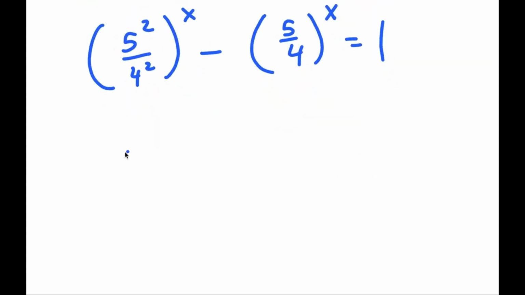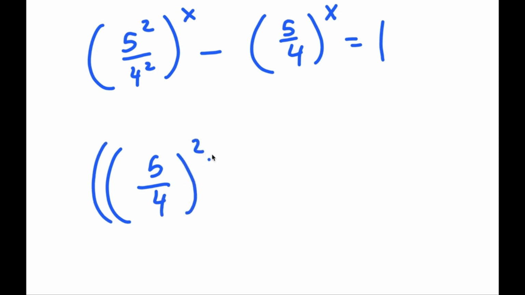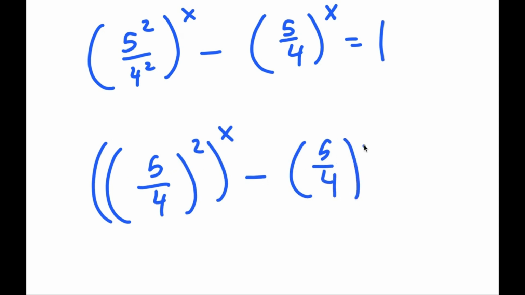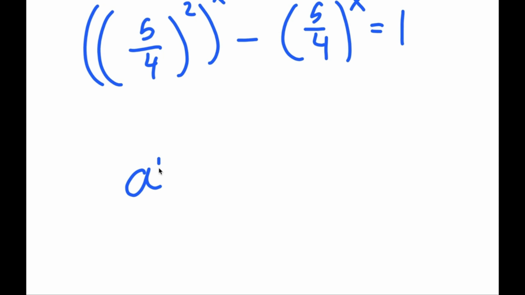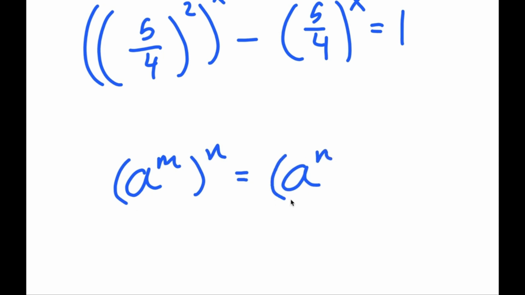From here, 5 squared over 4 squared is the same thing as 5 over 4 squared. And now, if I have something in the form a to the power of m to the power of n, this is equal to a to the power of n to the power of m.